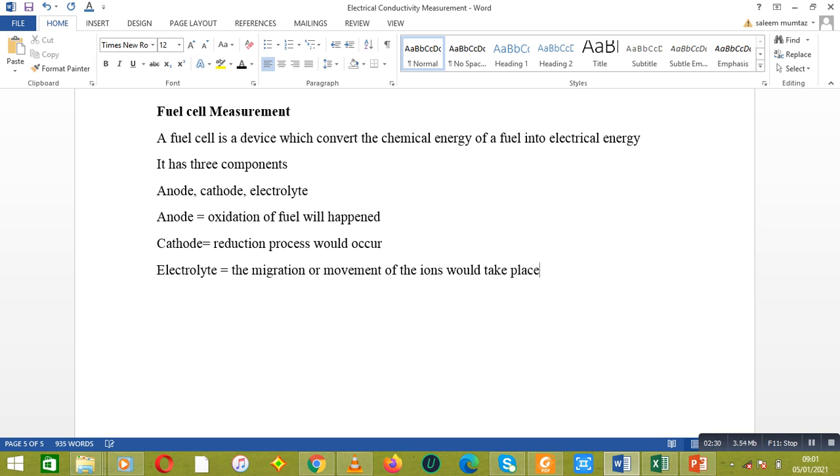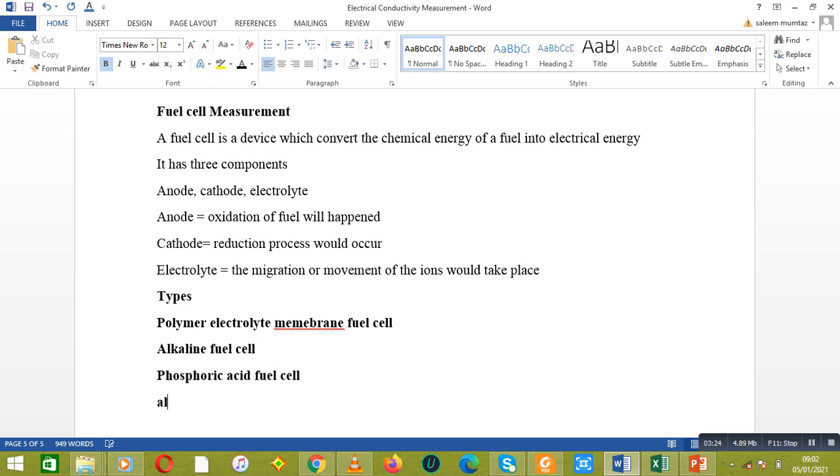There are different types of fuel cell which are working around us, like polymer electrolyte membrane fuel cell, alkaline fuel cell, phosphoric acid fuel cell, alcohol fuel cell, and solid oxide fuel cell.